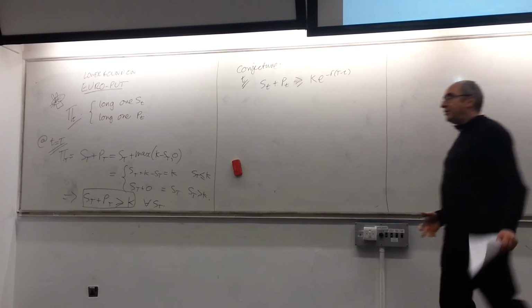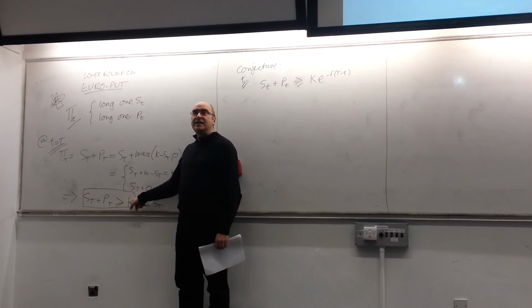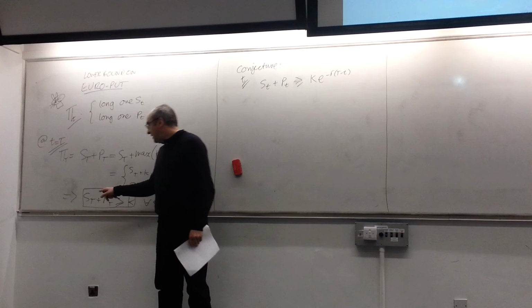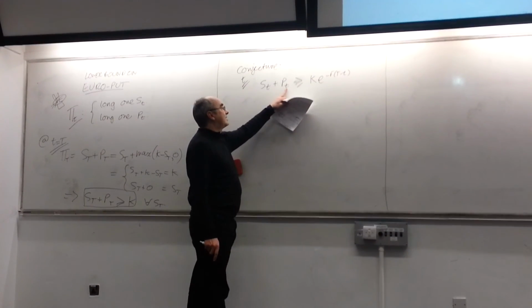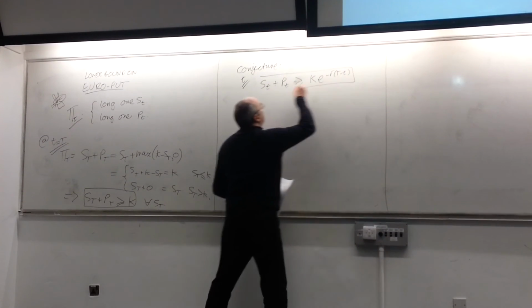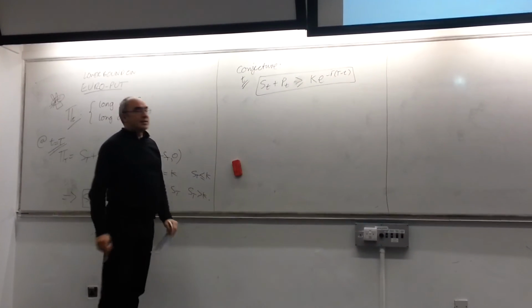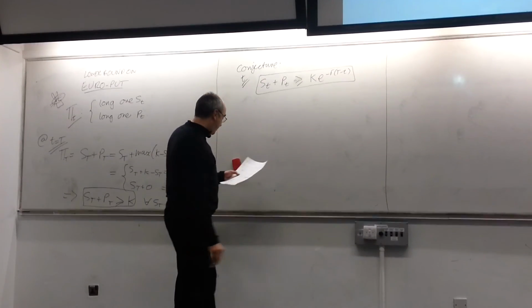Well, it applies that rule of thumb that I said, wherever you see a K, you basically stick in a discount factor back from expiry. So S_T and P_T become little s_t and little p_t, greater than or equal to K e^(-r(T-t)), the discounted value of the strike price back from expiry.